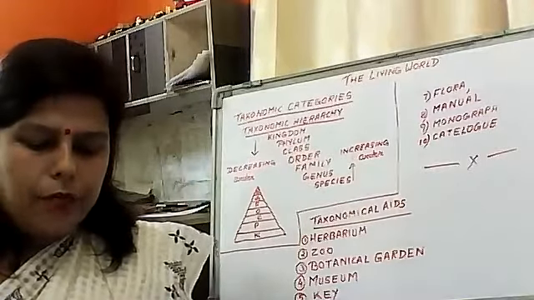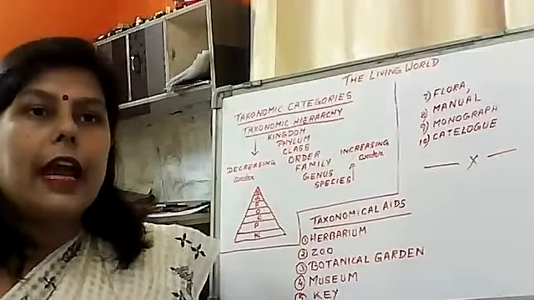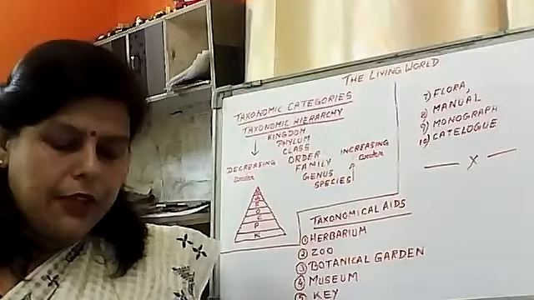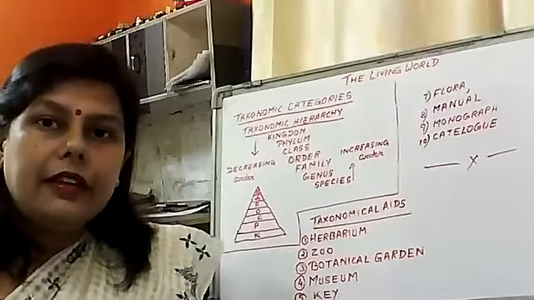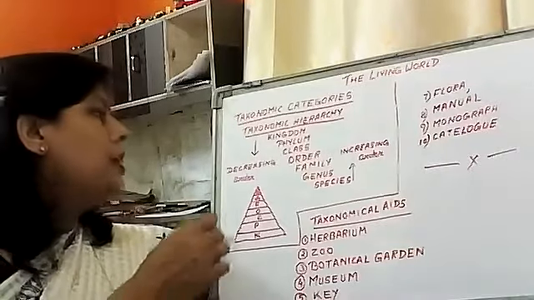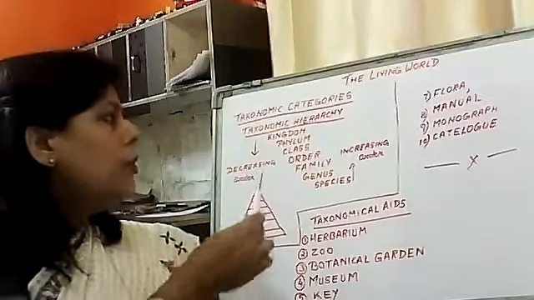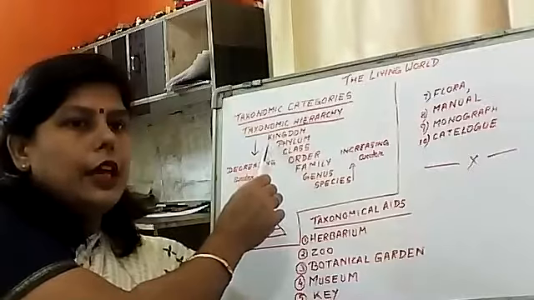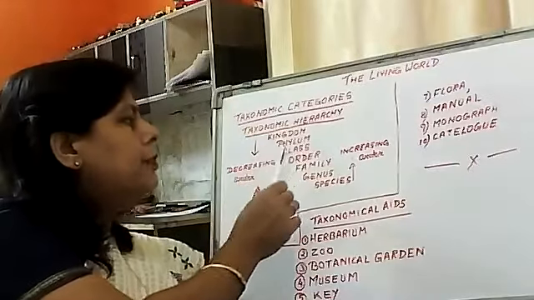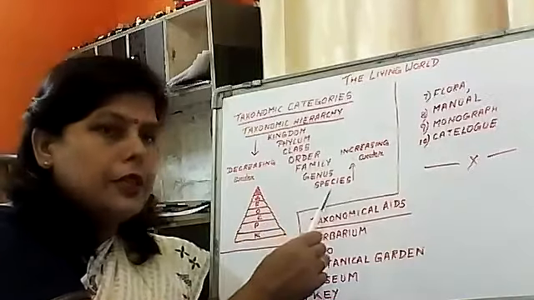Taxonomic hierarchy means arrangement of living organisms into successive levels of biological classification, either in increasing order or in decreasing order. So what does it mean? If you see on the board, I have written kingdom, phylum, class, order, family, genus, species.